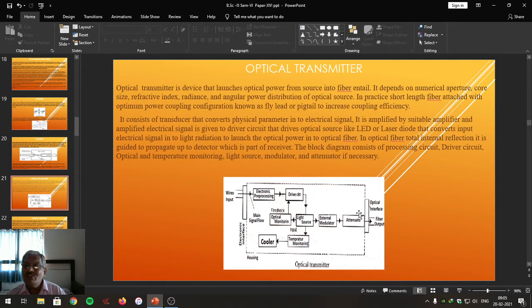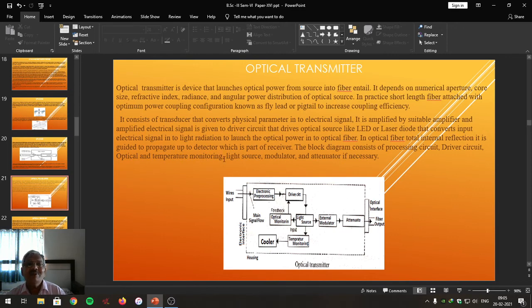This launched optical power, that is the light radiation, will start propagating continuously through the optical fiber due to total internal reflection from the transmitter up to the receiver.